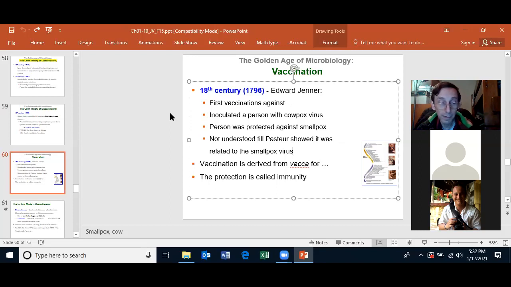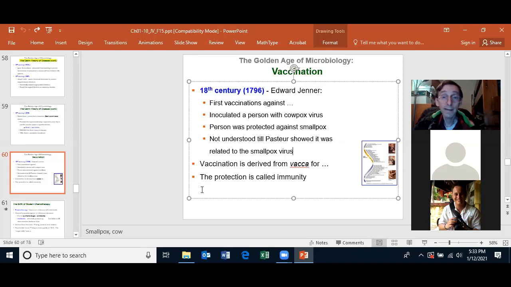What it does is it puts messenger RNA from COVID-19 into the patient, so there are no viruses, and then your own cells make the proteins of COVID-19 and then attack those proteins, and then when you get the virus, your immune system is attacking the proteins on the virus. Okay? So that's a very good question, but hopefully that's a short enough answer because I want to move forward.